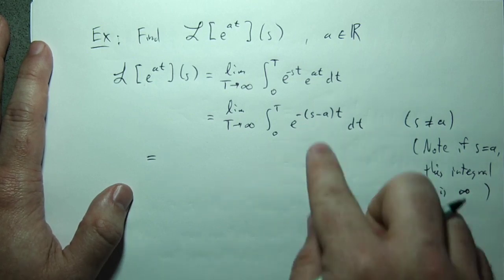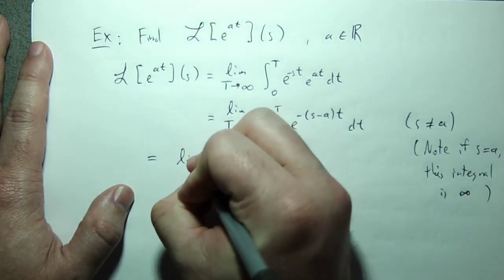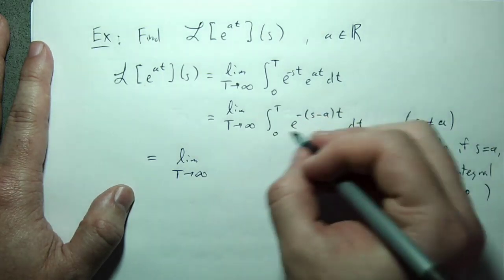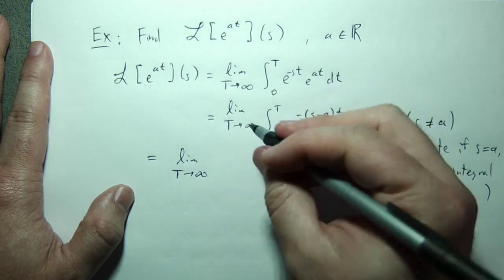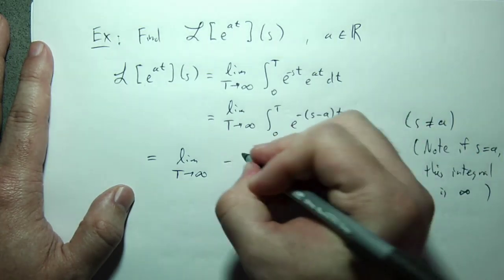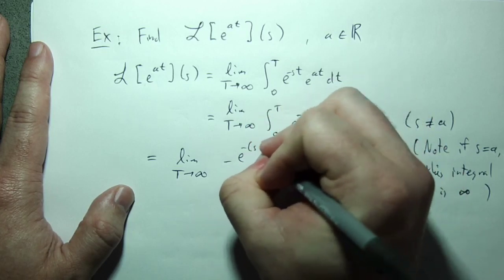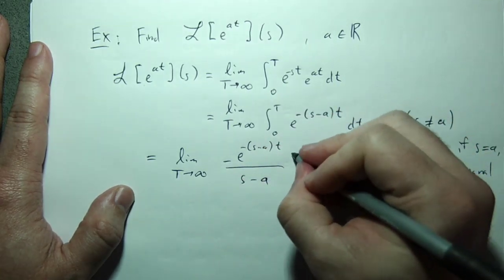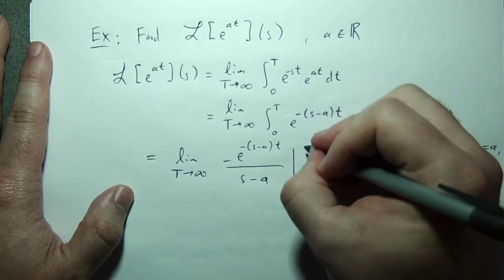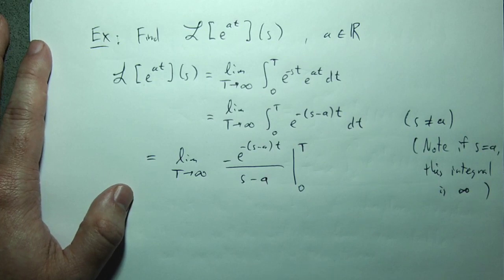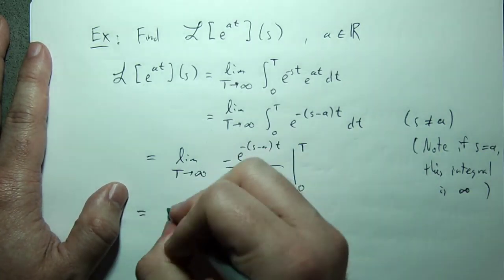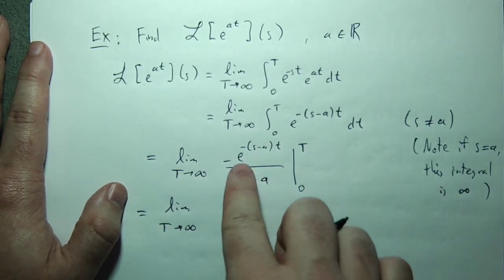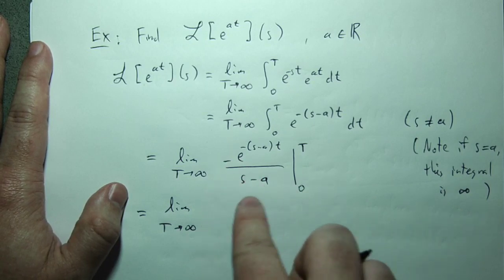This is the limit as big T goes to infinity of minus e to the minus (s minus a) t over (s minus a), evaluated from 0 to big T. Because of the minus sign here, I'm going to keep it as a minus.